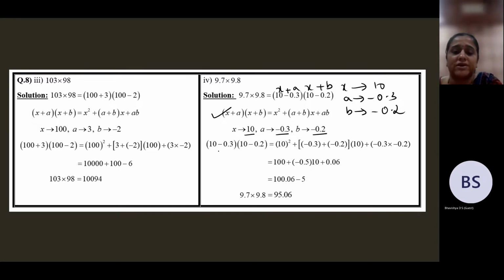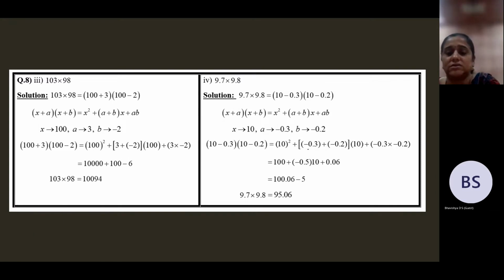So the formula is the same. Now, x plus a into x plus b is equal to x squared plus a plus b of x plus a into b, that is 10 squared plus a plus b of 10 plus a into b. Then you just have to simplify. Minus 0.3 and minus 0.2 is minus 0.5 into 10, plus when you multiply these two, you get 0.06. Simplification you can take care. So the answer is 95.06, exactly what you've got.